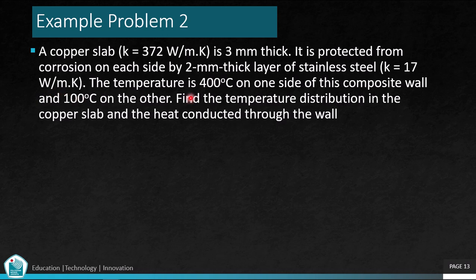If the temperature is 400 degrees C on one side of the composite wall and the other side of the wall is 100 degrees C, we need to find the temperature distribution in the copper slab and the heat conducted through the wall.